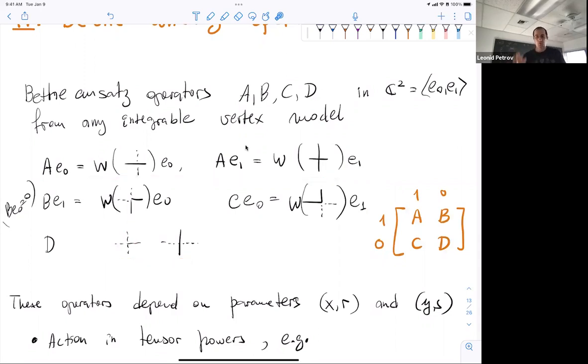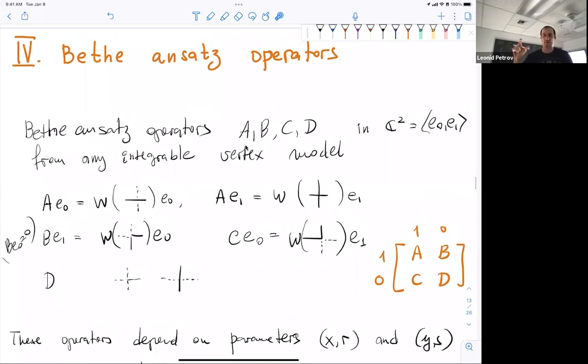So these operators, of course, if I take a single vertex, depend on 4 parameters: x_r corresponding to the horizontal coordinate, y_s corresponding to the vertical coordinate. And because I'm in a lattice model, there are 2 structures. One coming from the lattice: when I take 2 vertices and stack them in the horizontal direction, then I get an action in the tensor product.